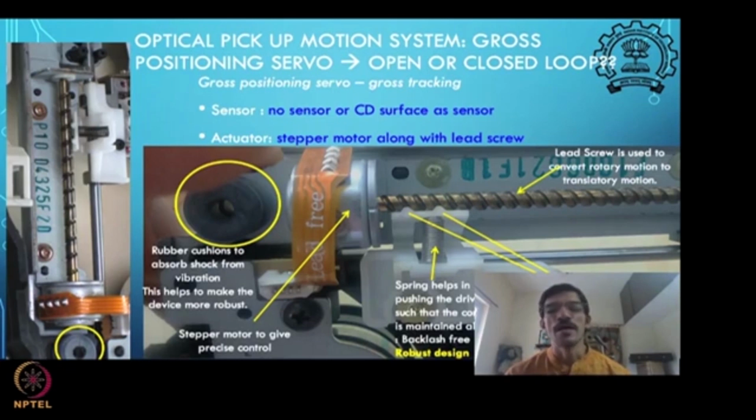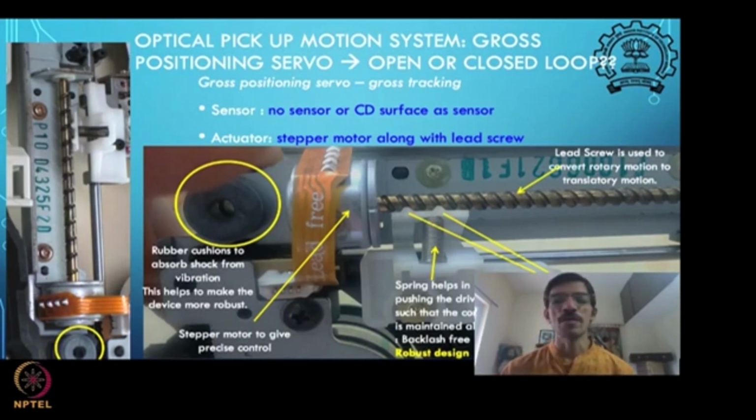Now what we do here is use these two stubs, which are pushed against the two opposite surfaces of the screw. Then the spring makes sure that it is pushed and that force is maintained, and that takes care of the backlash.